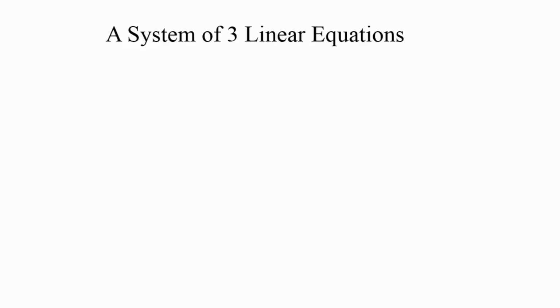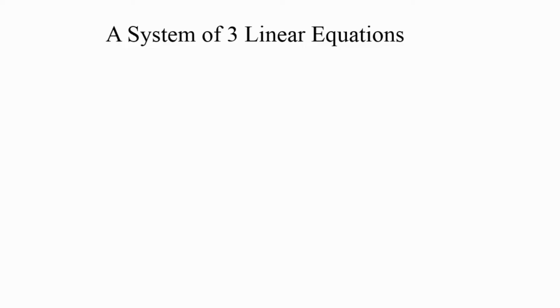Now, what if you have 3 linear equations? How do you solve that? We're going to use the simplest form of solving, which is substitution, the same thing we did with a system of 2 linear equations.